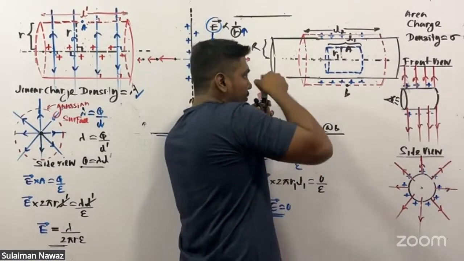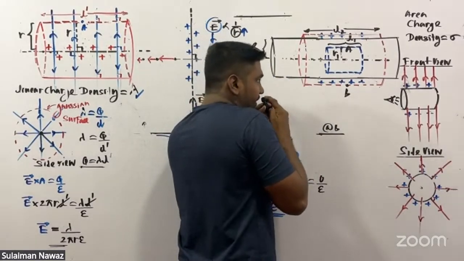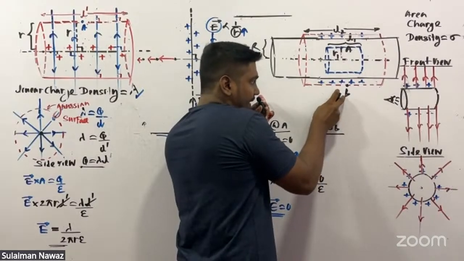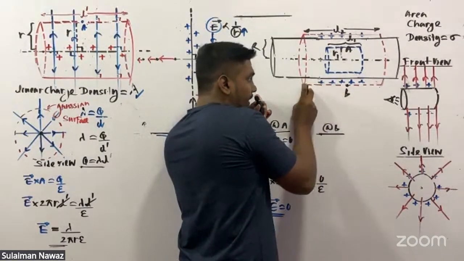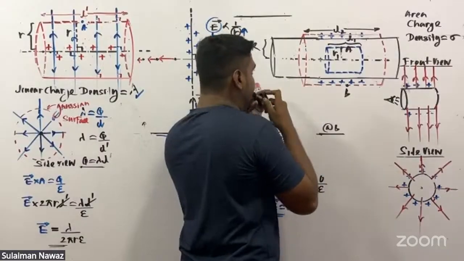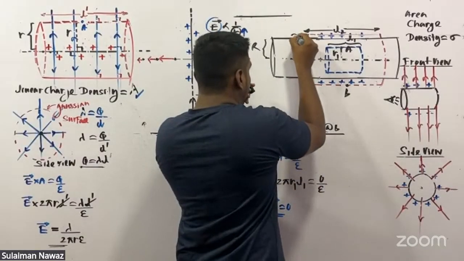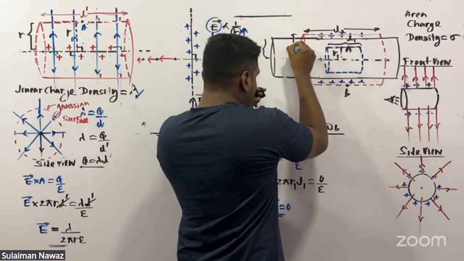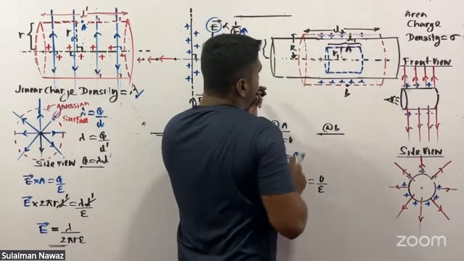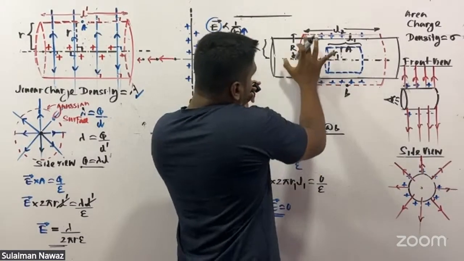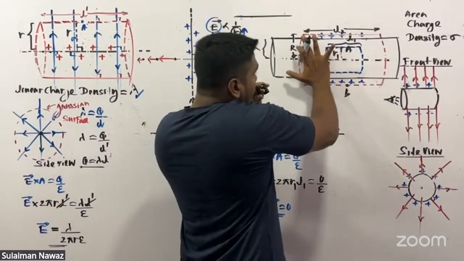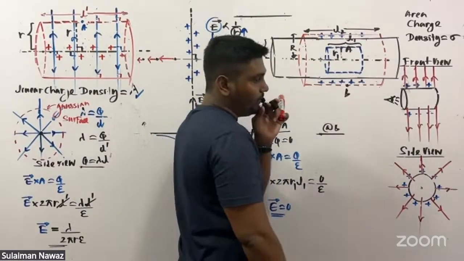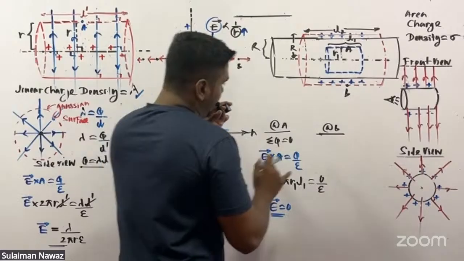Now, what I was doing actually was finding the electric field intensity at point capital B. I selected a red color cylindrical Gaussian surface. Its radius is capital R. Let's say the height of the red color Gaussian cylinder is L2. Now we'll find the total charge.